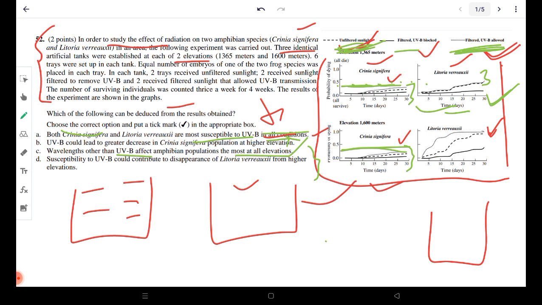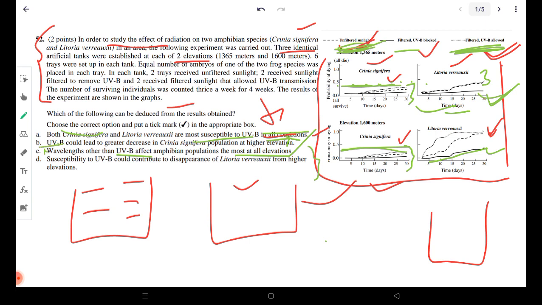Even if you see, wavelengths other than UVB are not causing any effect. It is of the least effect, represented by the straight dark line in the black border. So this option is absolutely wrong.